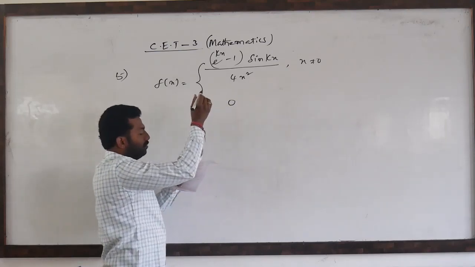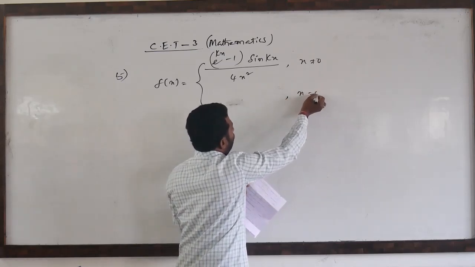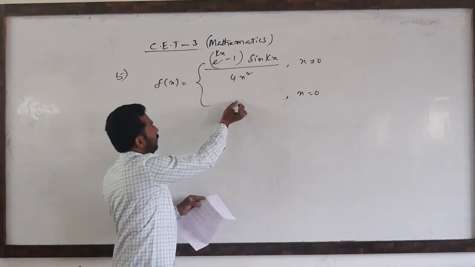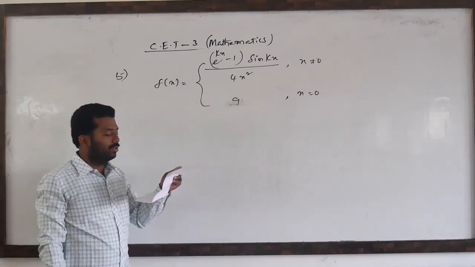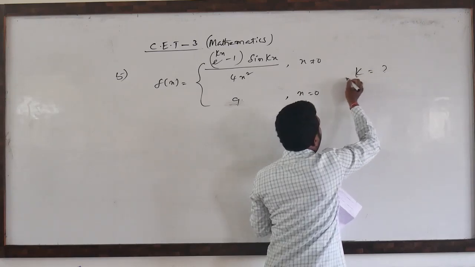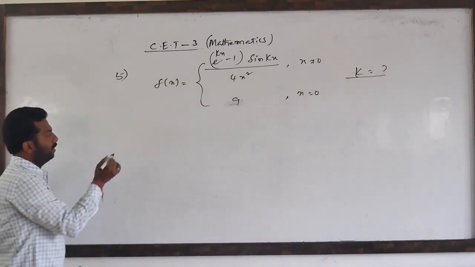And f of 0 value is 9, meaning when x is substituted as 0, f of 0 is 9. Then what they are asking is: what is the value of k? We have to calculate the k value.